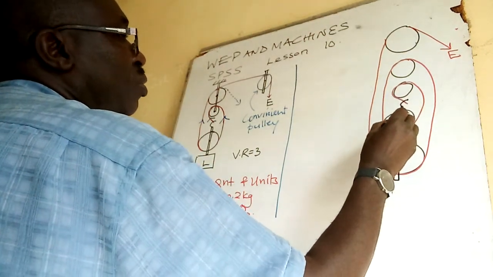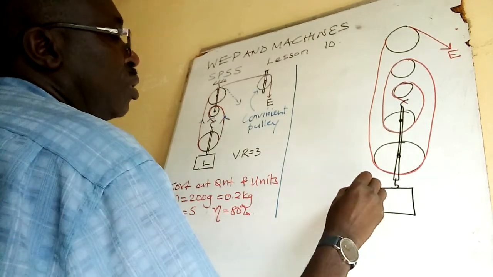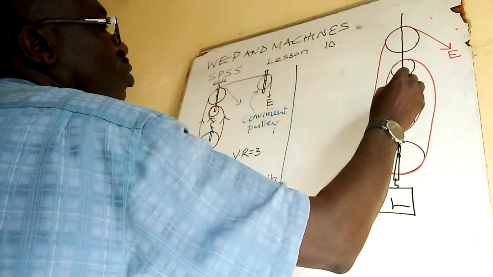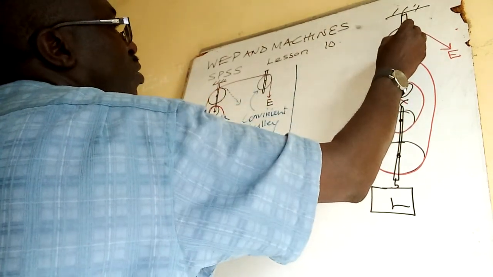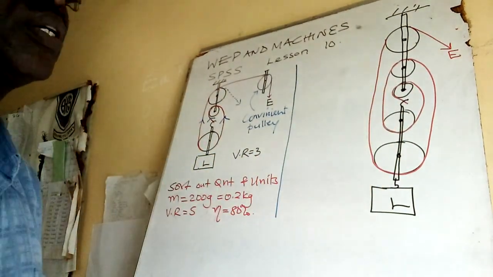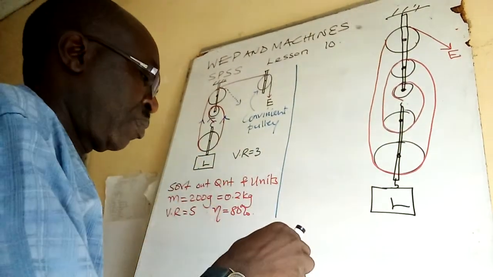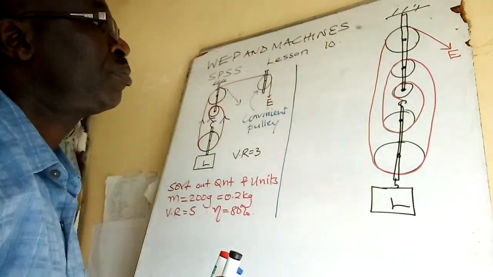That is my hook. Then this is the load. Then these ones, you also connect them up to there. They are connected. That is what I expected you to do. This is the hook there.